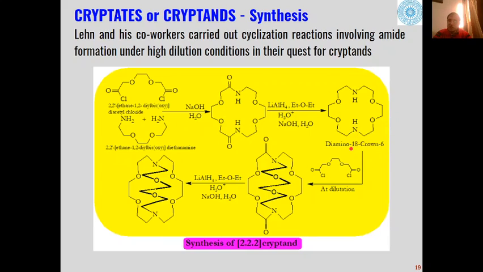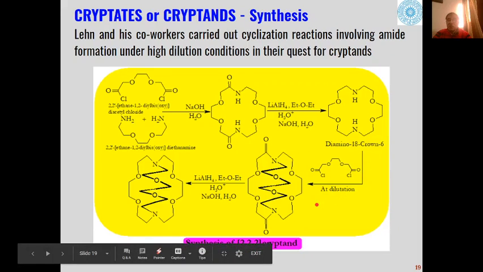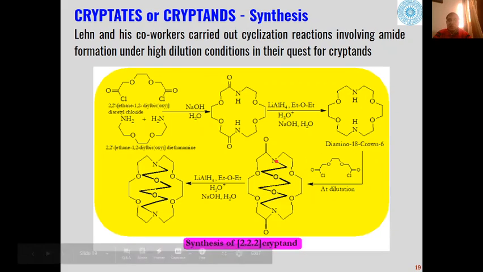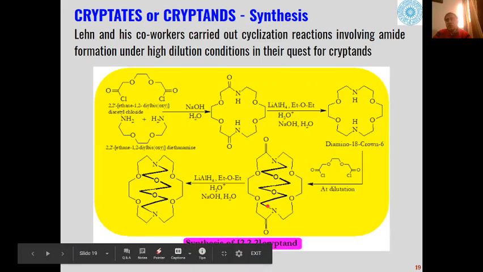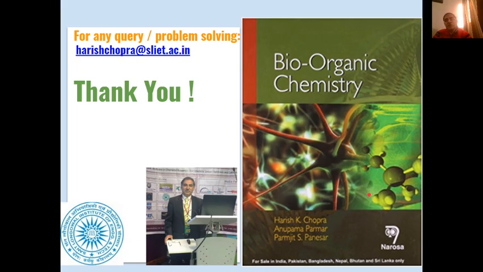When these diamino 18-crown-6 compounds were reacted with another molecule of the carboxylic acid derivative in very dilute solution, an additional strap of ether was substituted into the diamino crown ether, and these amides were then reduced to these types of cryptates or cryptands. Thank you very much.